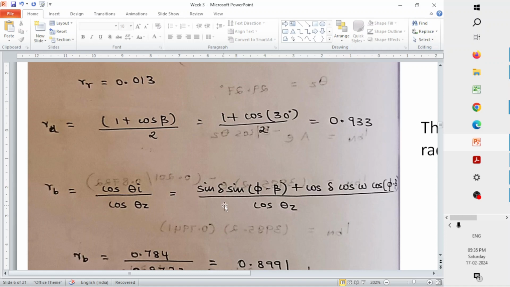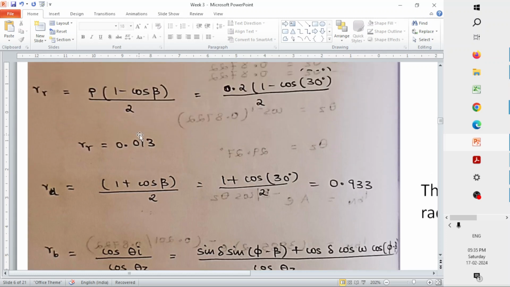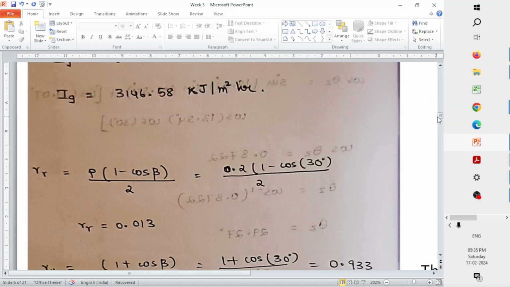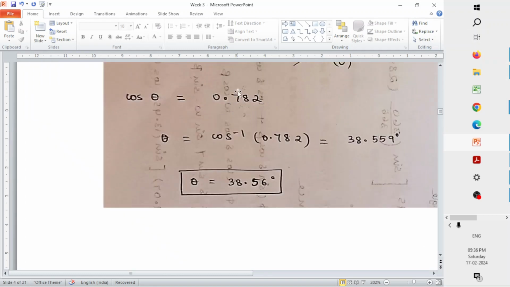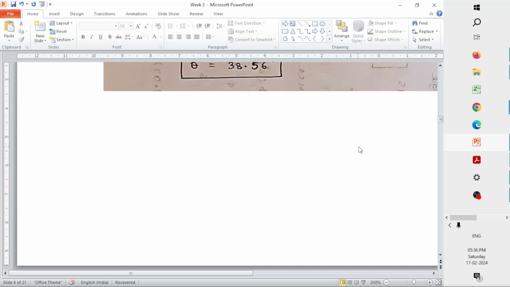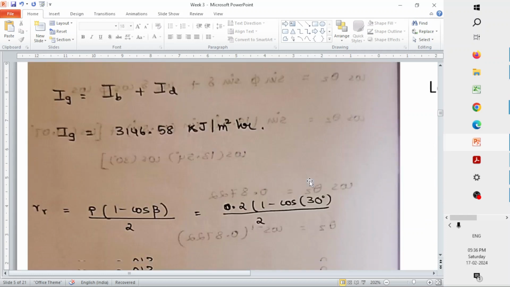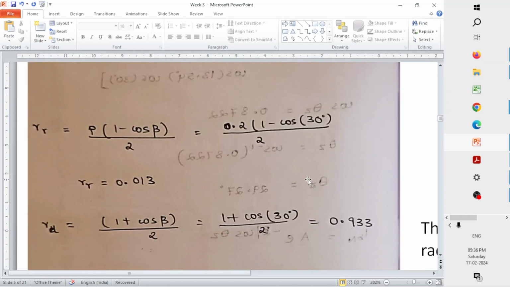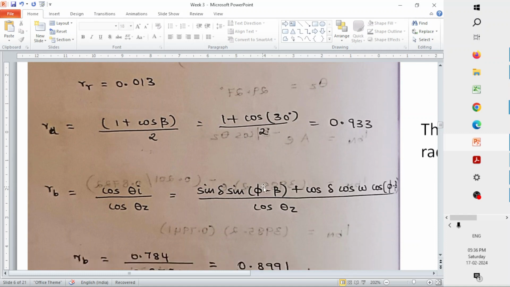If you calculate, this value was 0.784, and the cos of our angle of incidence was 0.782. You can take this as a short formula, but make sure before using it that the value of gamma is 0. This is divided by your zenith angle.